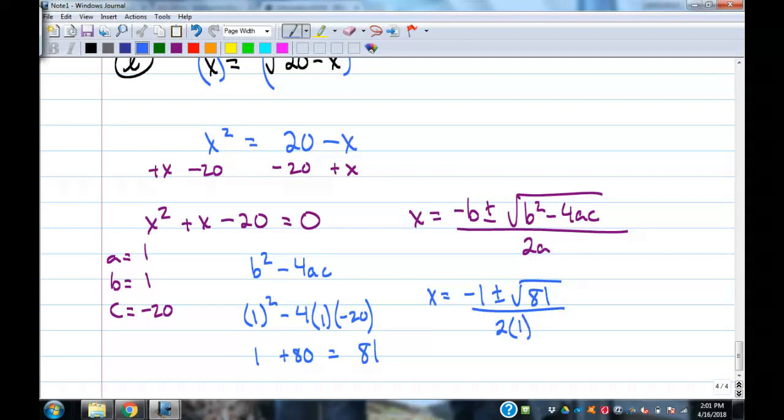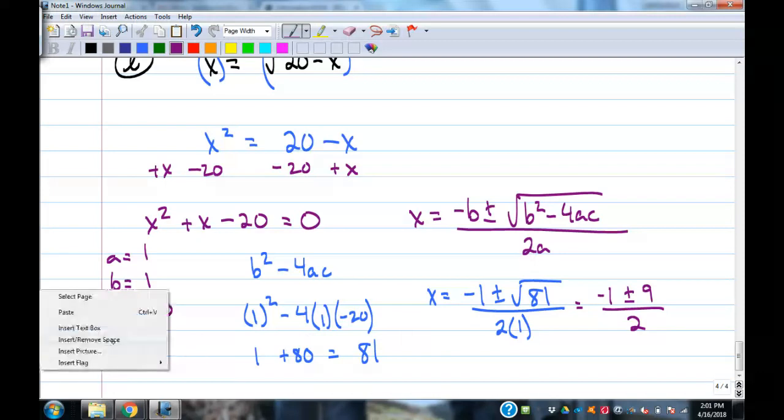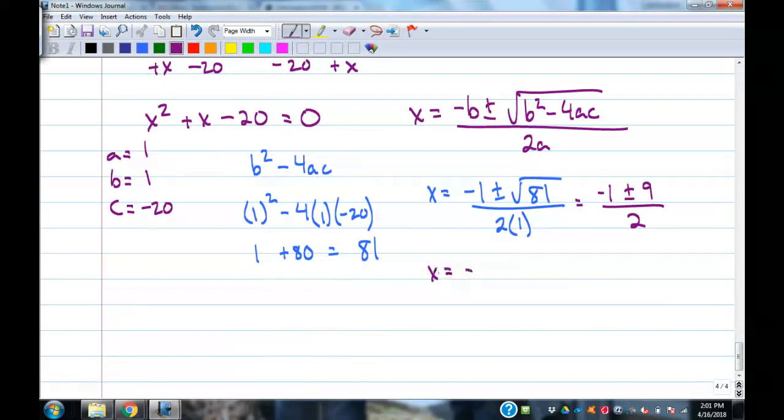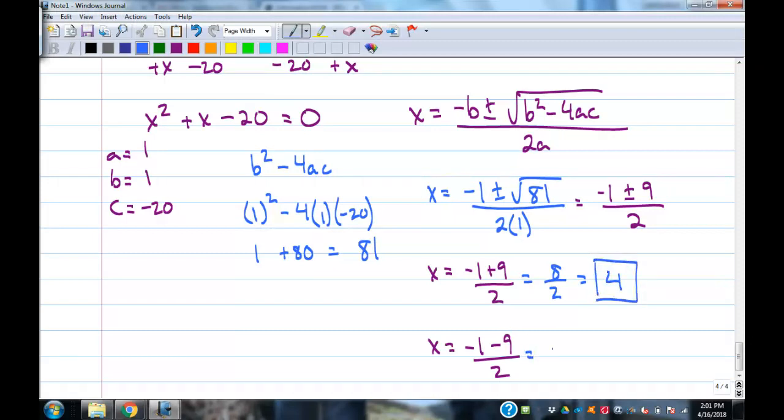So this is the quadratic formula here that we're using. What's the square root of 81? 9. We know that. Right? So we have negative 1 plus or minus 9 divided by 2. Split it up. x equals negative 1 plus 9 divided by 2. x equals negative 1 minus 9 divided by 2. Negative 1 plus 9, that'd be 8. 8 divided by 2 is 4. Negative 1 minus 9, negative 10. Divided by 2 is negative 5.